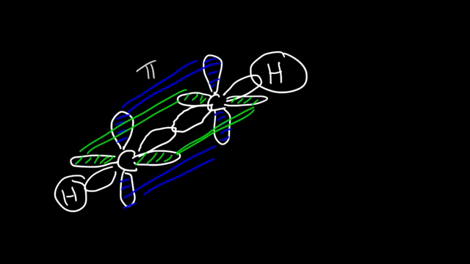And then in red, we have the sp hybrid orbitals. So this is sp, and the one in blue and the one in green are unhybridized p orbitals, and H is an s orbital.